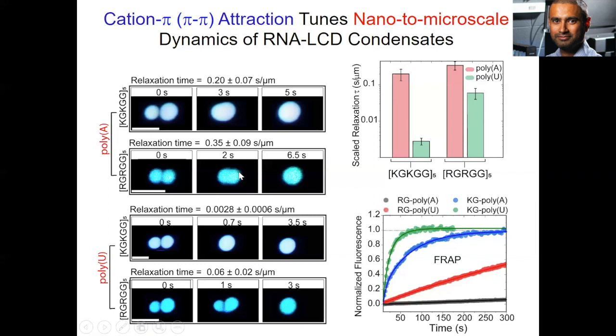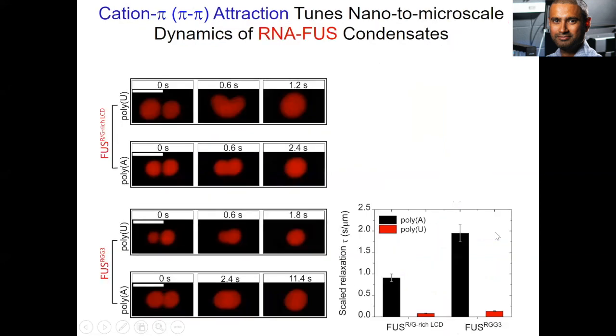They may not undergo fusion, as I showed you for aged FUS droplets. So you see that there are impacts of interaction changing from arginine to lysine, but the motions at micron scale timescale versus nanoscale timescale could be independent, and they could be somewhat decoupled. So it's important to do correlative measurements to get more information than just doing a simple measurement.